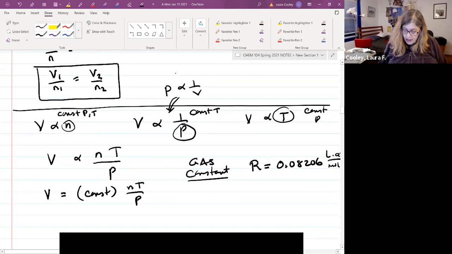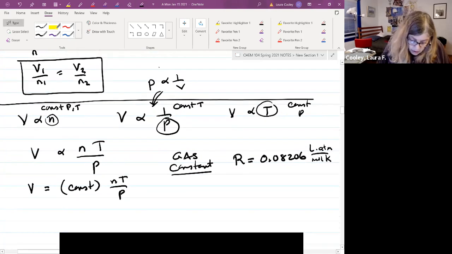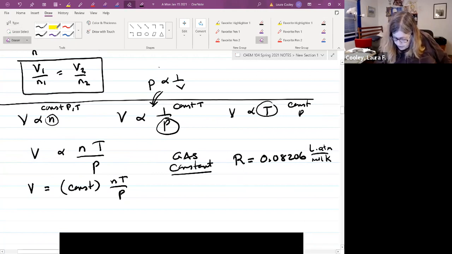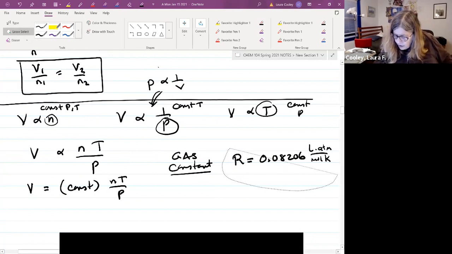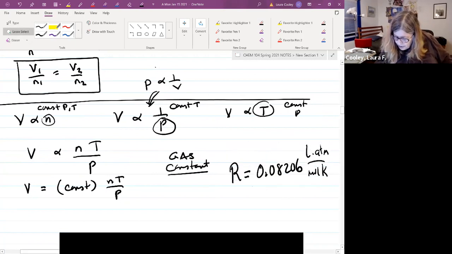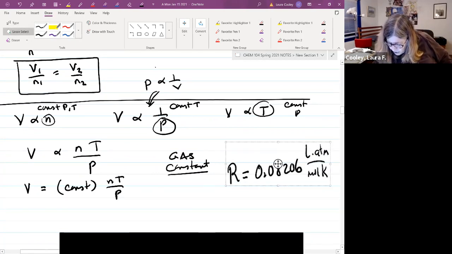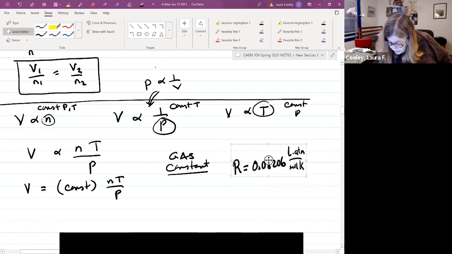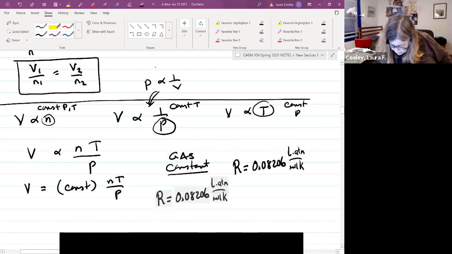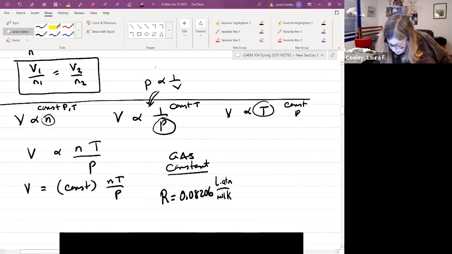Those are the units, and the units are important because you have to put the variables in units that go along with the units for the gas constant. So here, I'm going to put down here. Okay. That was a pretty bad job, but oh well.